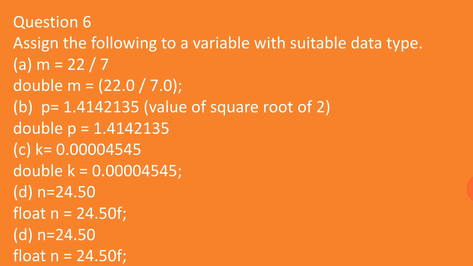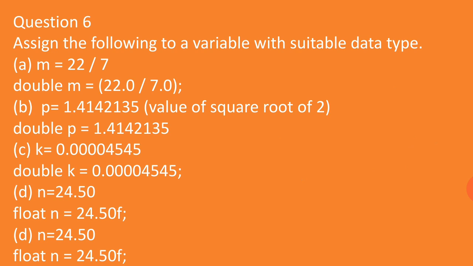Now assign the following to a variable with a suitable data type. Here m = 22/7, so definitely it will be assigned to the double type because it is a fraction. But we need to be careful that I have to write 22.0 divided by 7.0, because we need to convert the numerator and denominator to the double type. That's important.